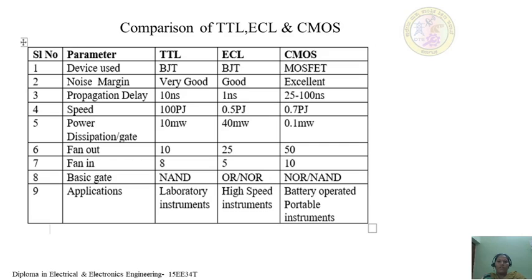So when we see this overall comparison of the TTL, ECL and CMOS, we can say the power dissipation of a CMOS is very less when compared to the TTL and ECL. And the CMOS has a very high noise margin level, and it always has more fan outs and fan ins when compared to the TTL and the ECL.